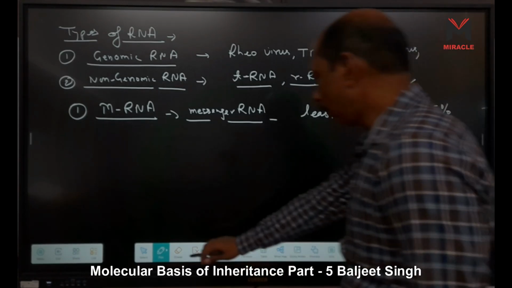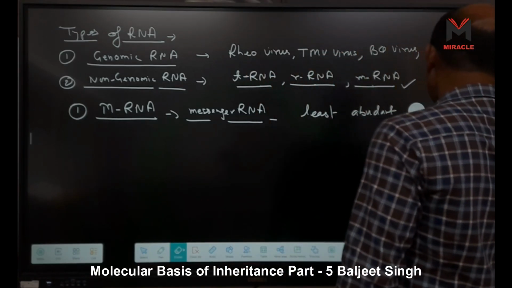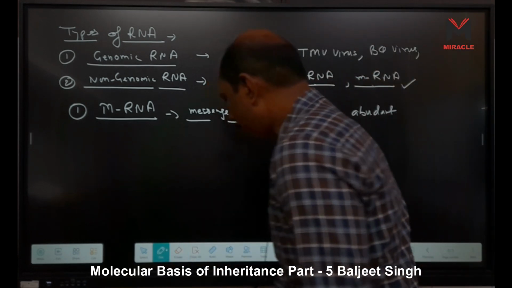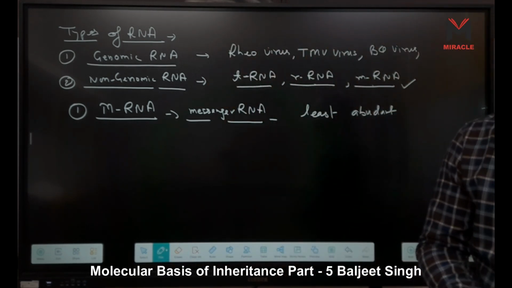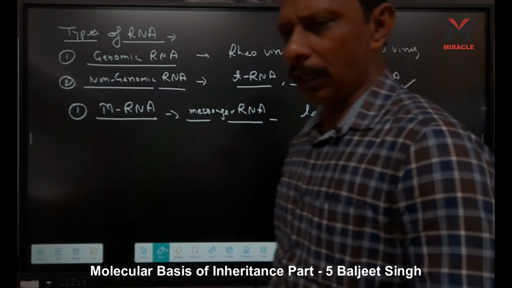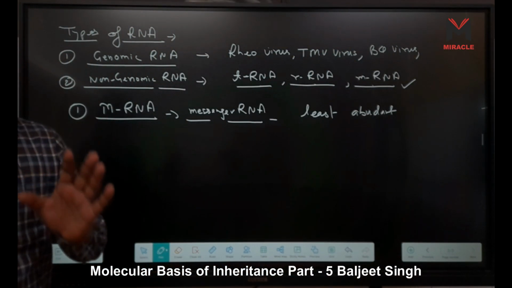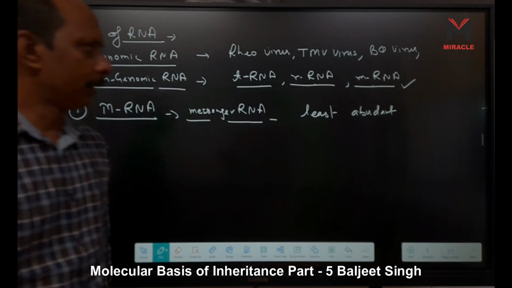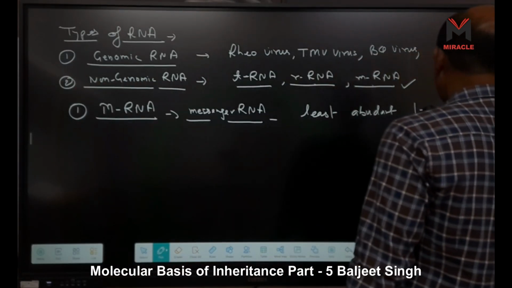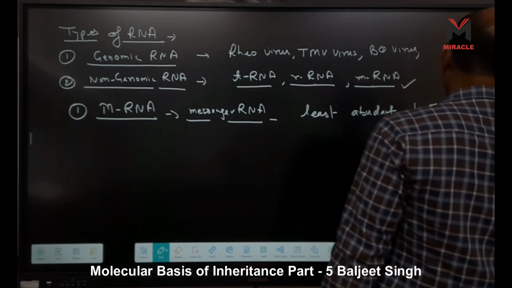It is only 1 to 5% of total RNA, because they are most important, they have the code. Why? Because after they complete their function, after translation, after the formation of protein, they dissolve.